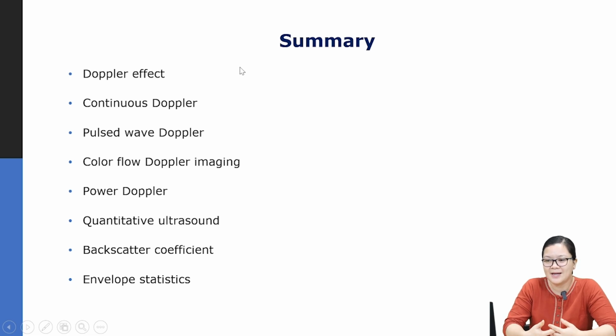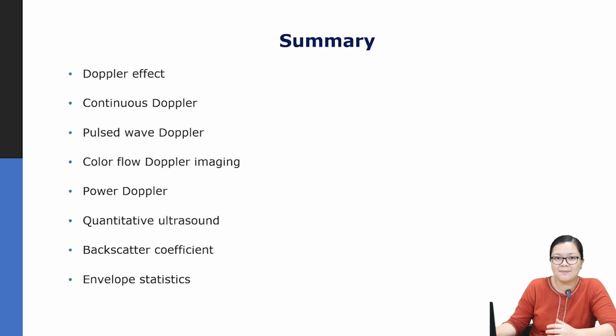So this week we had talked about the Doppler effect, continuous Doppler, pulse wave Doppler, color flow, power Doppler. So these different Doppler modes are used to assess the blood flow velocities in a tissue, as well as map the vasculature of a tissue.